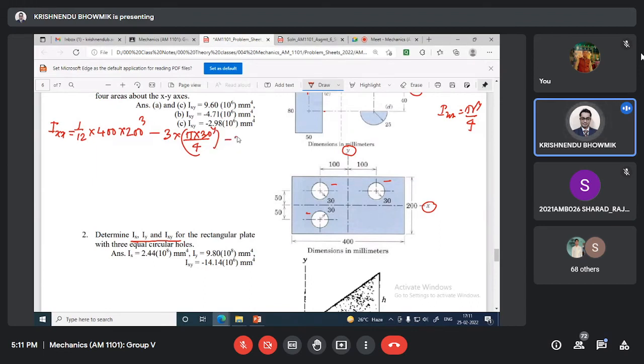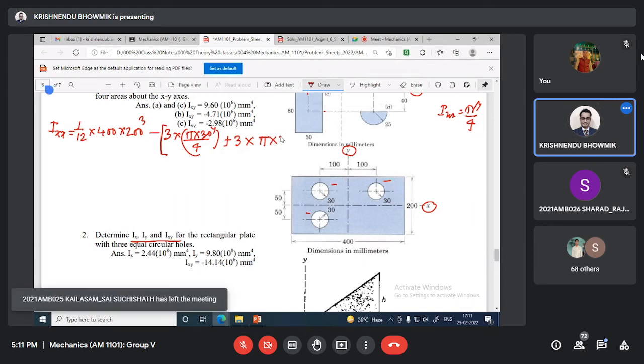3 case we have done. Then in 3 case we have to use, maybe here I can take bracket, is cut out. That's why it is negative. Plus 3 times area multiplied by distance square. Area is pi r square multiplied by distance square 50.